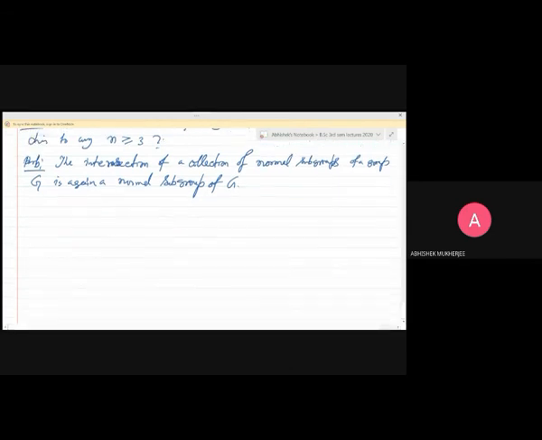Okay, fine. Now I would like to move our discussion towards the construction of new groups out of the old ones in view of normal subgroups of the given group. So I would like to discuss quotient groups.